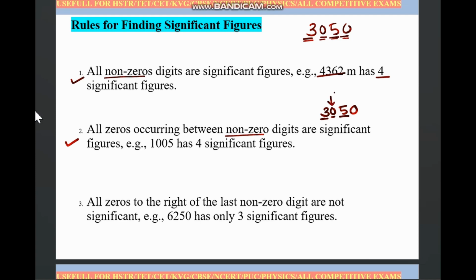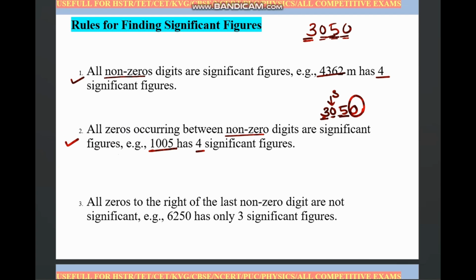Now this 0 is significant for me. Means in 3005, four significant digits are there. But still I am not talking about this ending 0. Now I have got two rules. Non-zero numbers are significant and zeros between non-zero numbers are also significant.